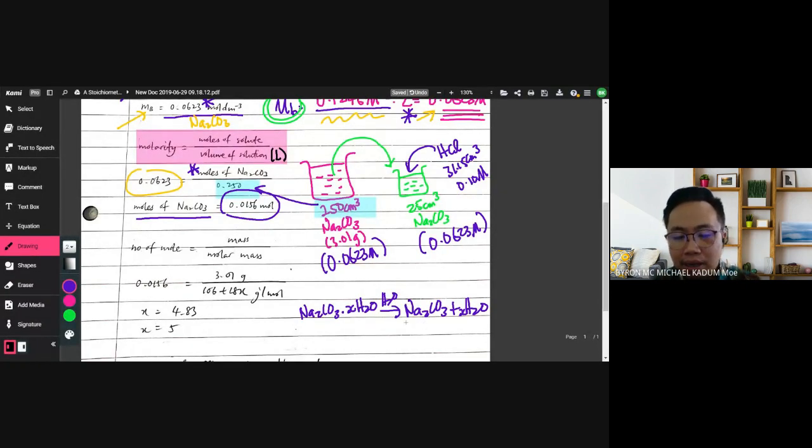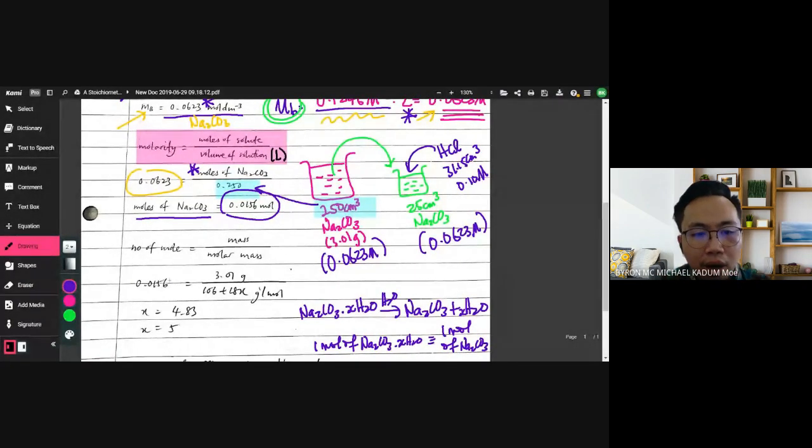So from this balance equation, we can know that 1 mole of Na2CO3.XH2O sama juga dengan 1 mole of Na2CO3. So that's why kita boleh guna mol ini.